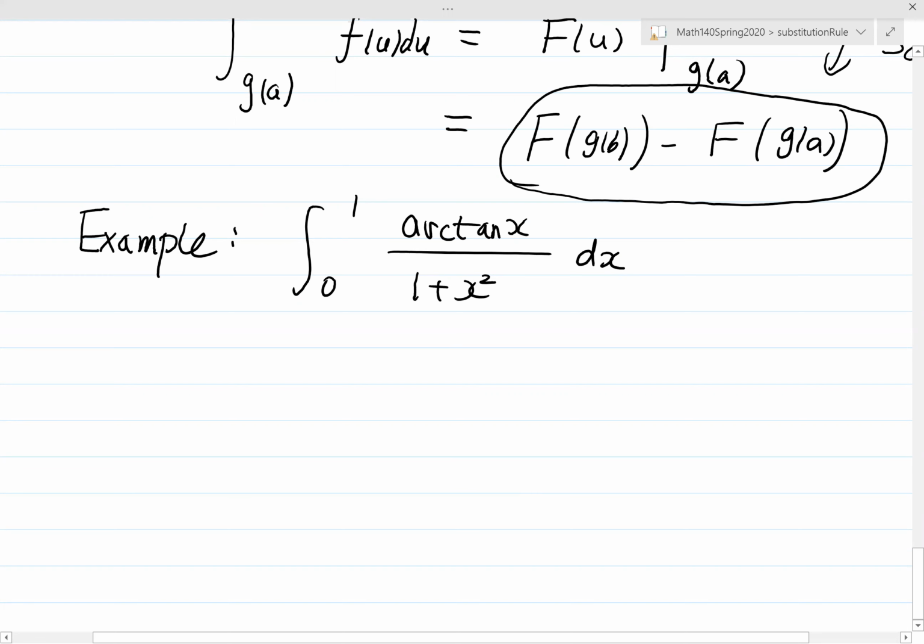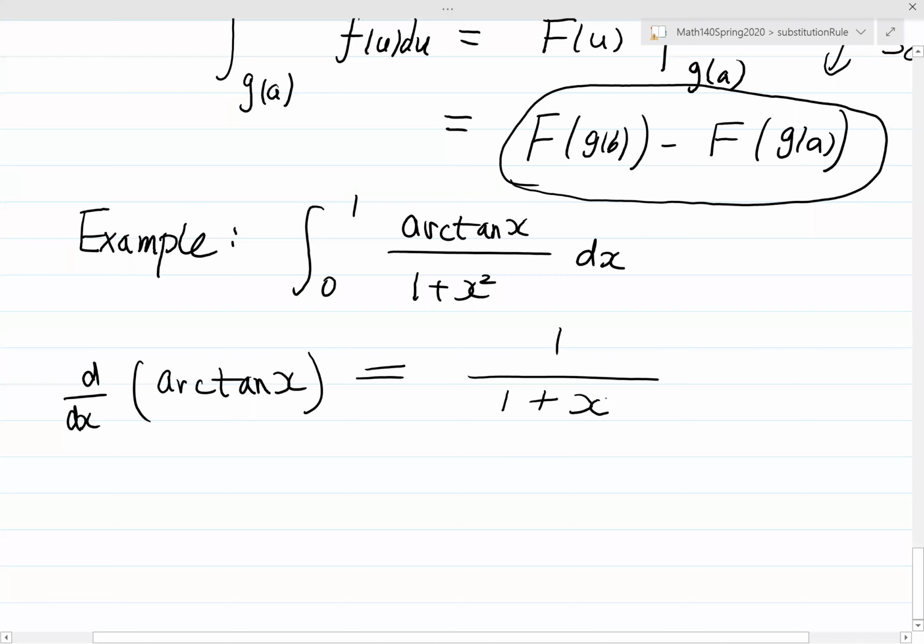And then let's see what we know about arctan x. What is the derivative of arctan? Check the derivative table. We did this using the idea of implicit differentiation. So we get 1 over 1 plus x squared.